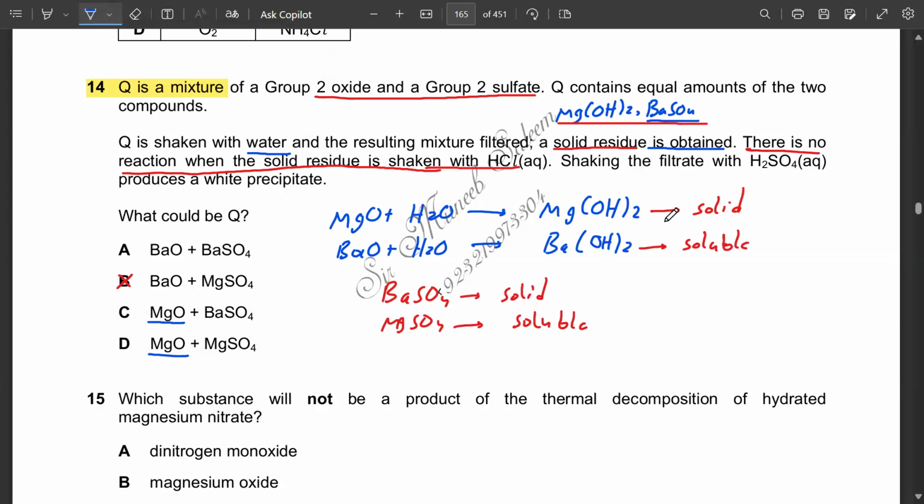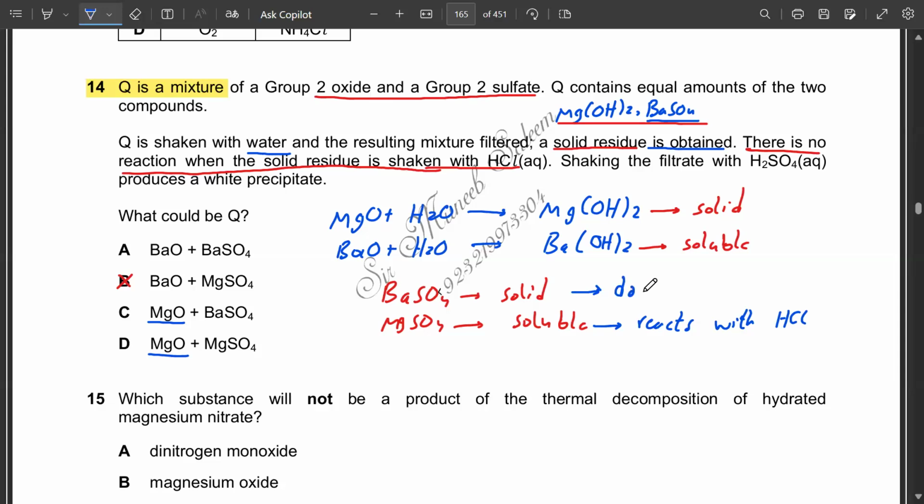Magnesium sulfate, on the other hand, is soluble, so it can give a reaction with the HCl. But barium sulfate is a solid and it protects the surface of the sulfate, so it doesn't react with HCl because of the presence of the protective layer on the sulfate which keeps it insoluble. So we can conclude from here that it could be barium sulfate which does not react with the HCl.